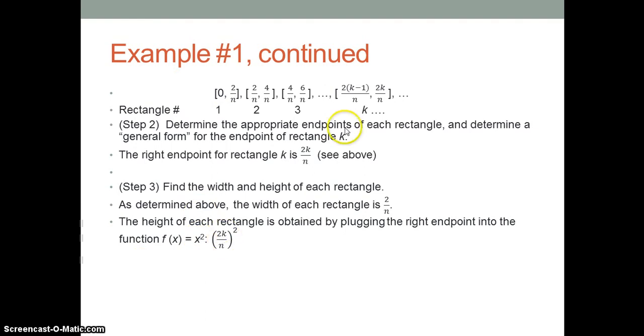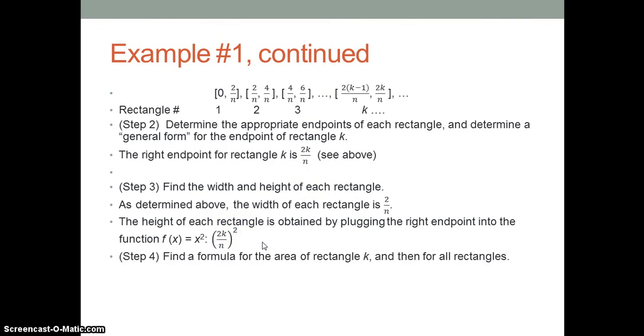So we're going to plug in 2k over n into x squared, and that's our height. And we remember width times height is equal to area of each rectangle. Our width is 2 over n, and the height is 2k over n squared. So altogether, the area would be 2 over n times quantity 2k over n squared.